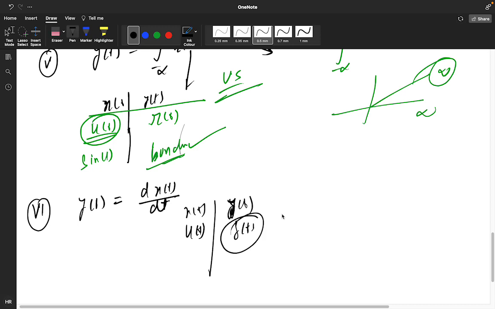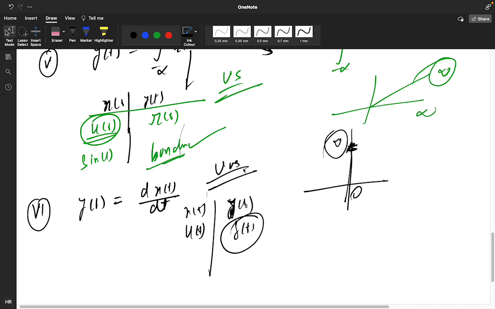And delta has an infinite value at 0. Area is defined, but the magnitude is infinite. I told you in the previous class, the impulse function. So it is unstable. You have to check for when it will become unstable.